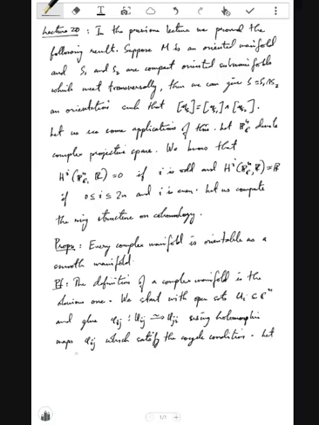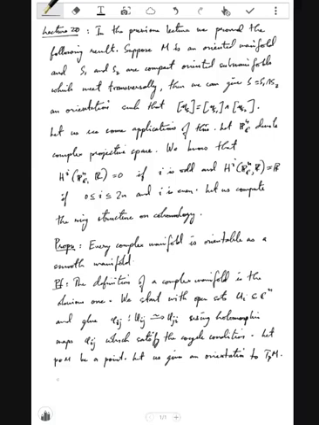So let P in M be a point. Let us give an orientation to TPM, the tangent space of M, where we consider M as a smooth manifold.